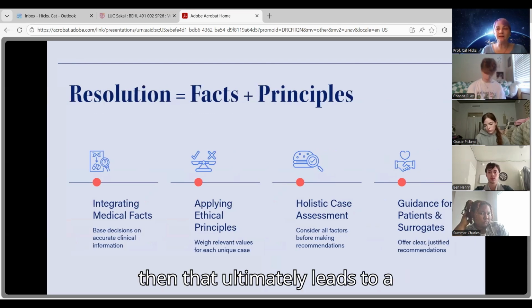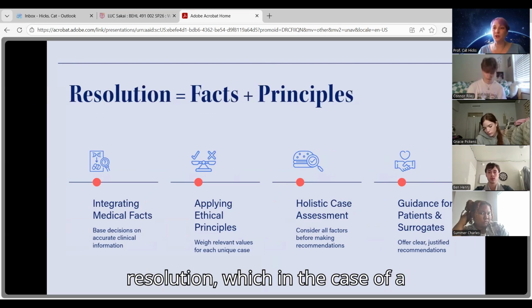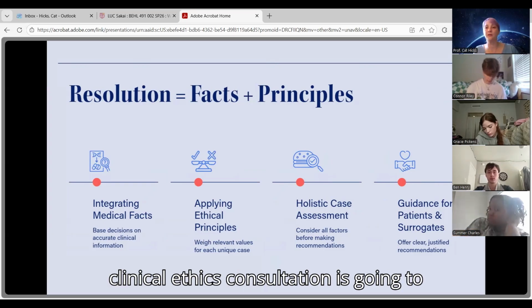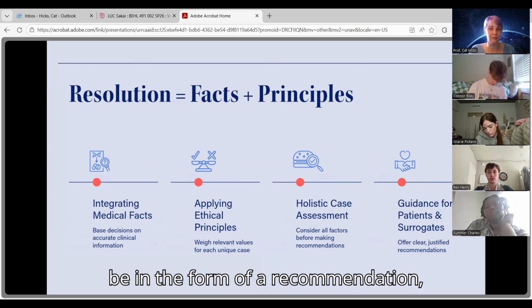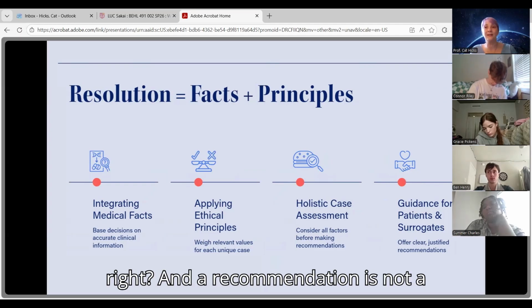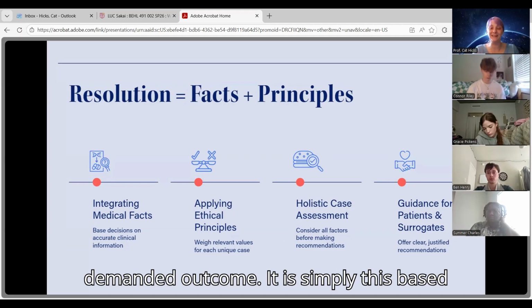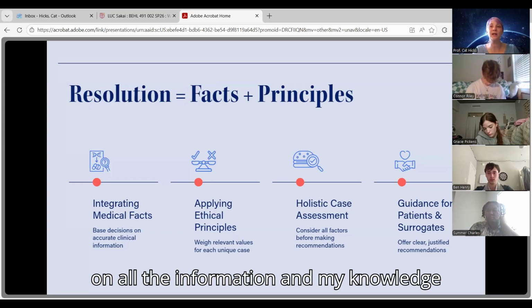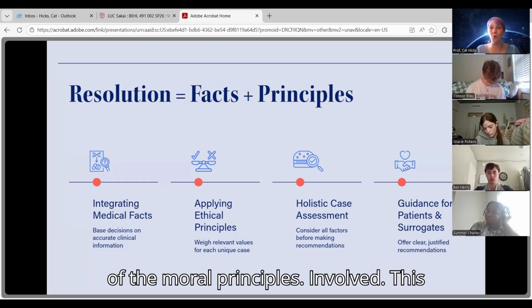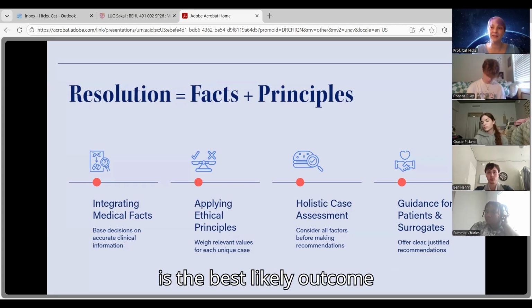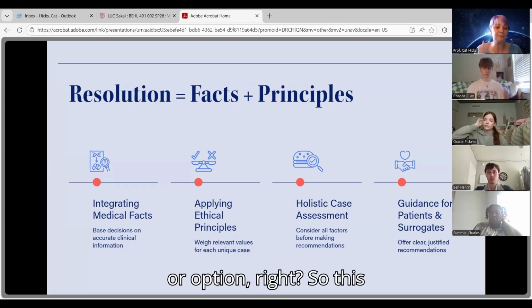And then that ultimately leads to a resolution, which in the case of a clinical ethics consultation is going to be in the form of a recommendation, right? And a recommendation is not a demanded outcome. It is simply this, based on all the information and my knowledge of the moral principles involved, this is the best likely outcome or option, right?